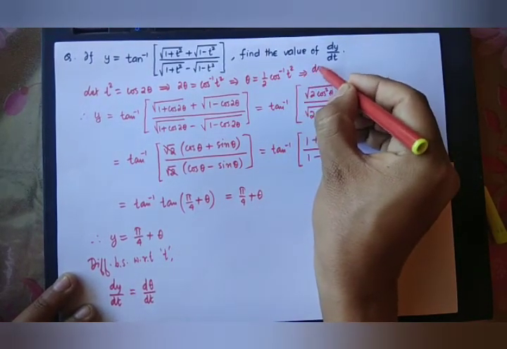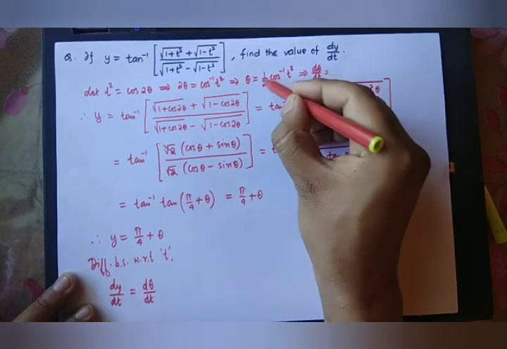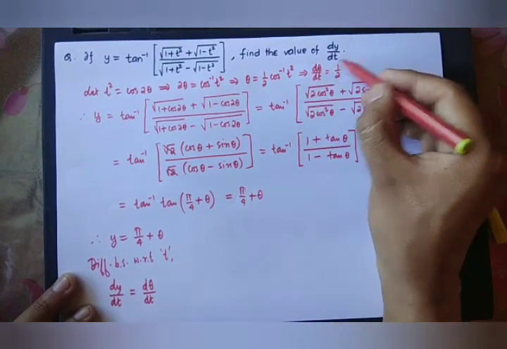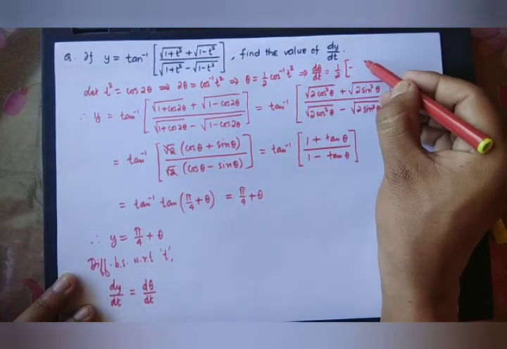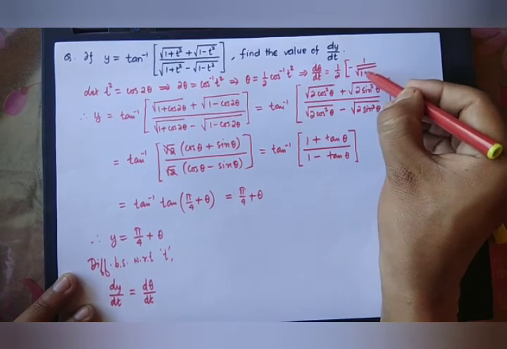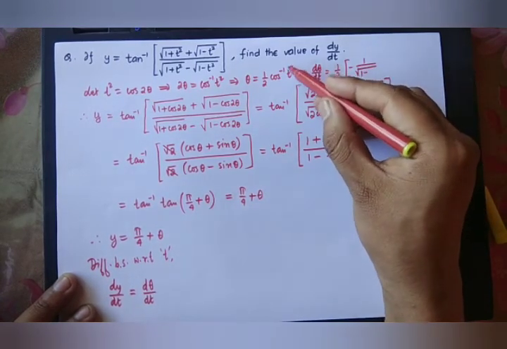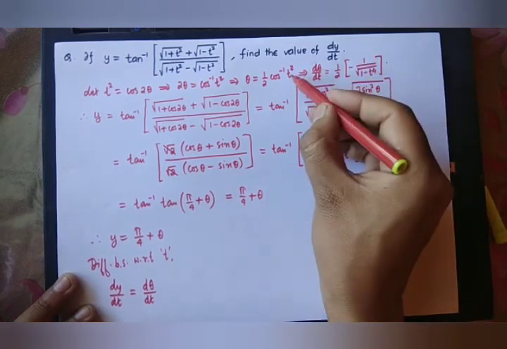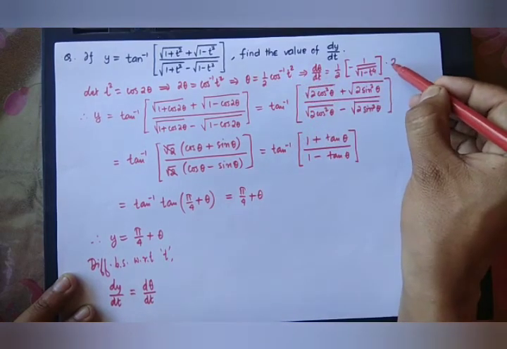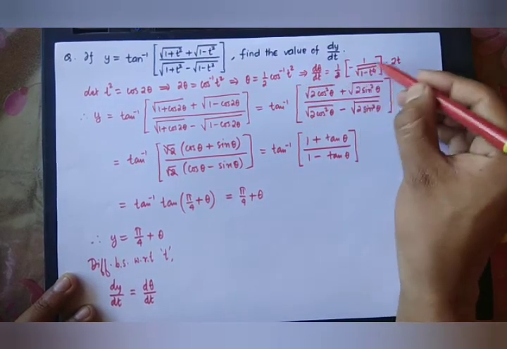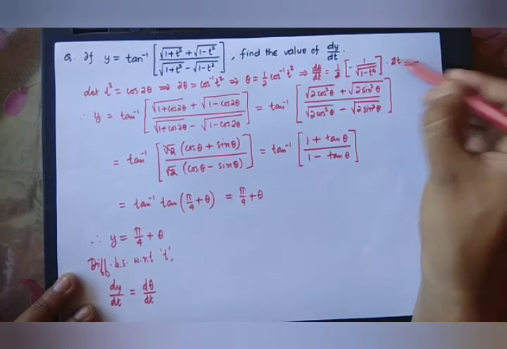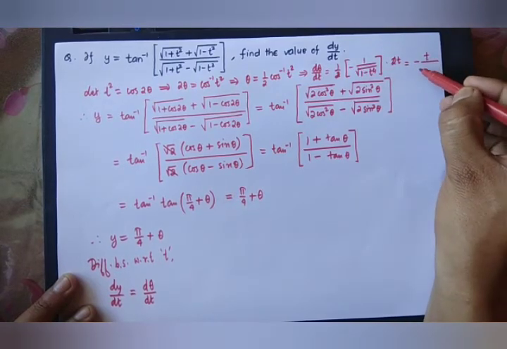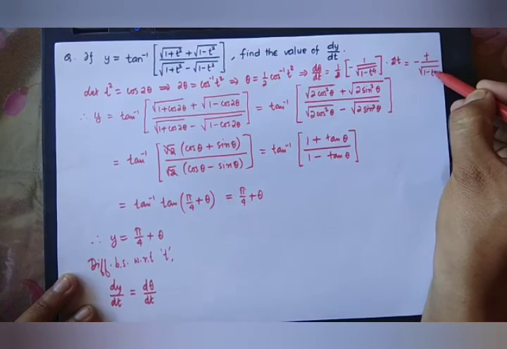So we have d theta by dt is equal to, this half is constant, so it will be kept as it is. So differentiation of cos inverse is minus 1 by root over 1 minus t square, but here already t is equal to t square, so that's why it becomes t to the power 4, into, now we need to differentiate this, so differentiation of t square is 2t, so this and this get cancelled, so you have minus, in the numerator we have t into 1, that is t, by square root of 1 minus t to the power 4.